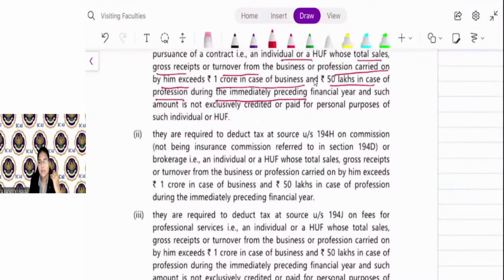Again, if you are paying any commission, then 194H is applicable.